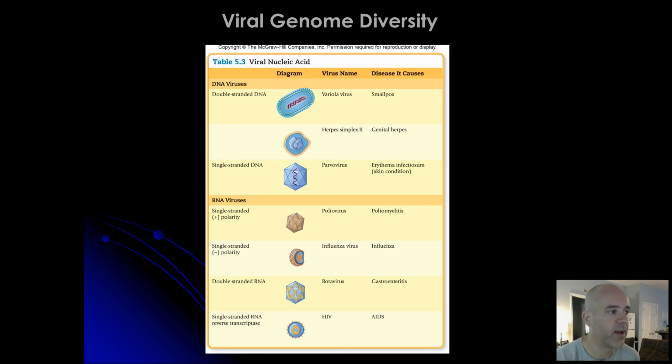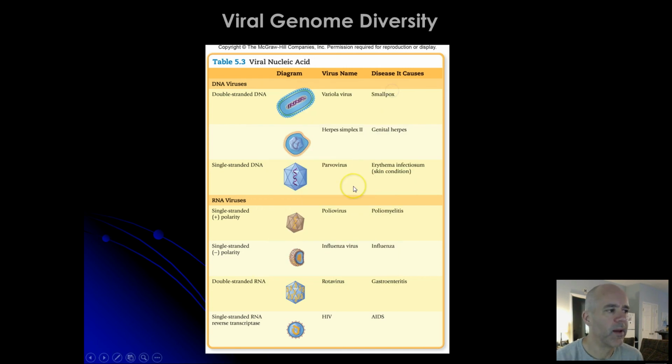There are several different designations for that. Then other viruses have negative polarity RNA genomes, or they're called negative strand RNA viral genomes, or negative sense RNA viral genomes. What that means is that the RNA genome gets released into the host cell, and the host cell doesn't immediately see that as a messenger RNA.